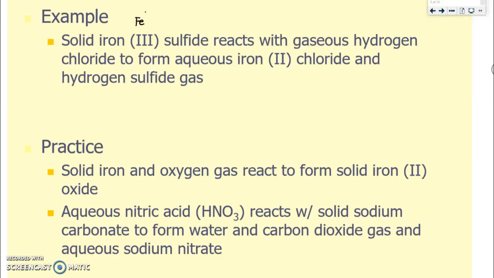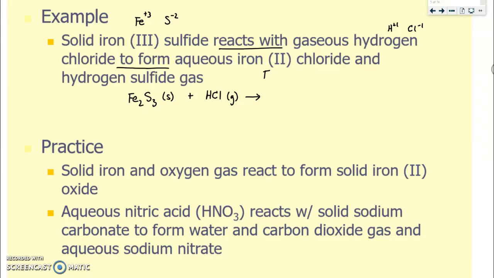So iron 3 sulfide, you're going to cross your charges, so you would get Fe2S3. You'd put an S because it tells you that it's a solid. It says reacts with, that's going to be a plus sign. Hydrogen chloride, H is plus 1, Cl is minus 1, so we get HCl, and we put the G. To form, that's our arrow.